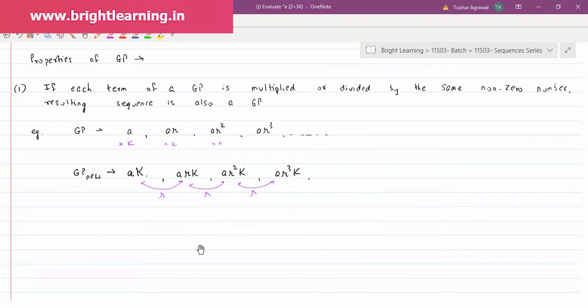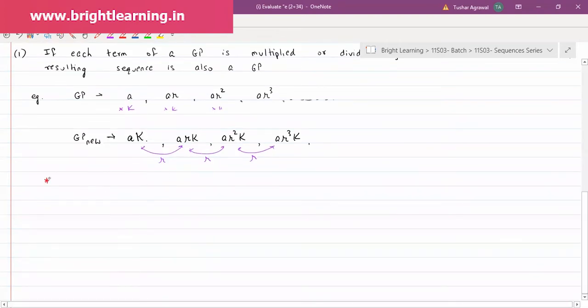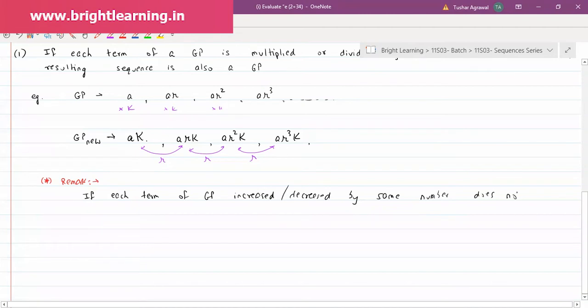Now, after this, take note here. If each term of a geometric progression is increased or decreased by the same number, it does not mean the new sequence is a GP.